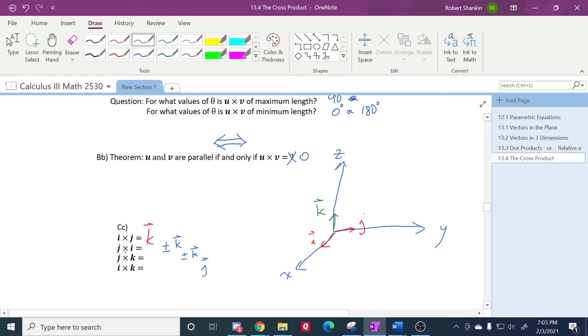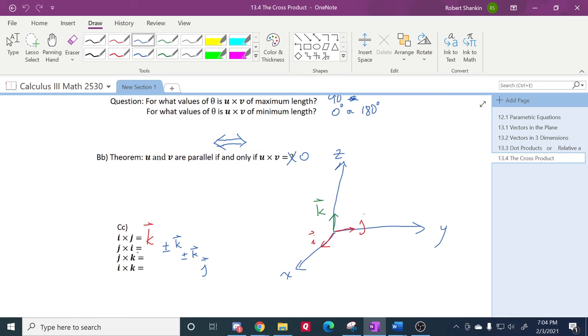Okay, well, let's look at this second one. J cross I. Alright, so if I put my right hand on top of my computer monitor, so that my little finger was going along the direction of J, then to curl it forwards, I would not be going the shortest path to I. I'd have to go 270 degrees to get to I. So I have to flip my hand upside down, so the thumb is pointing down, have my little finger going along J, and then curling my fingers to I, that's the short path, the 90-degree path.